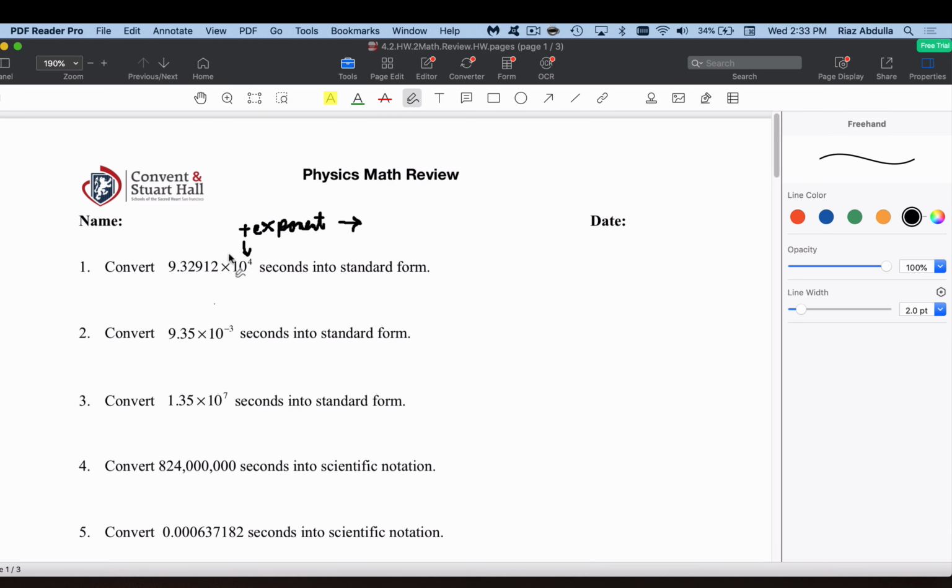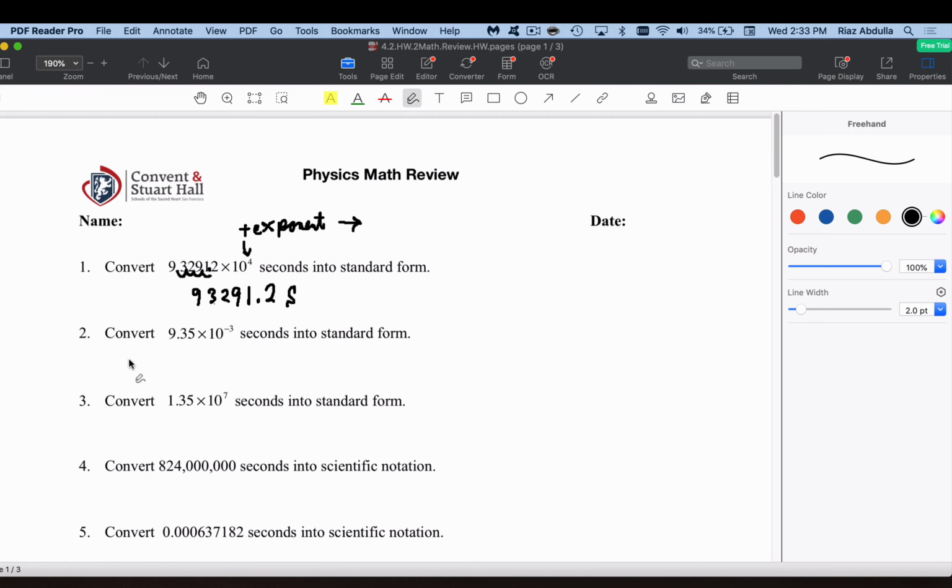So what that means is it's to the 4th power. So we'll do 1 bump, 2 bumps, 3 bumps, 4 bumps. We'll put our decimal right there. And so the answer is going to be 93,291.2 seconds. Excellent. So that's the first one.